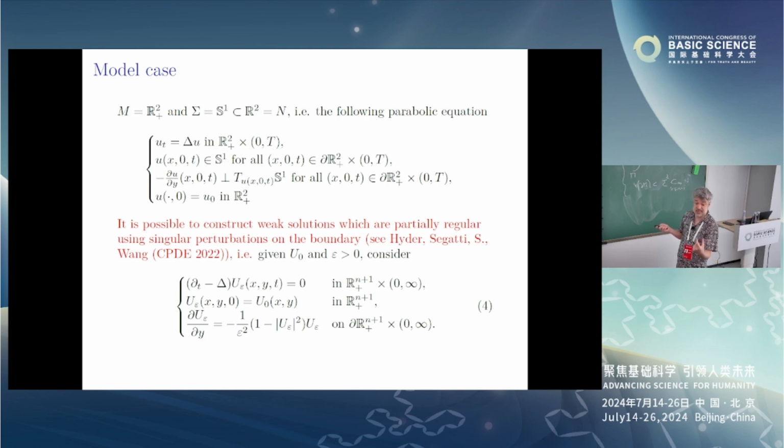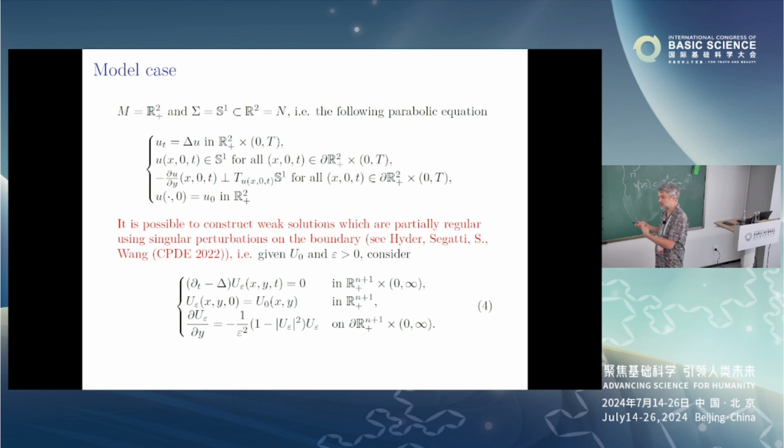And my target, Sigma, is S1, and then N is R2, okay? Then the geometric boundary condition that I was mentioning is just this one, right? So this is a very simple equation. You are solving the heat equation inside, you are constrained to the circle, and this is where the nonlinearity is coming from.